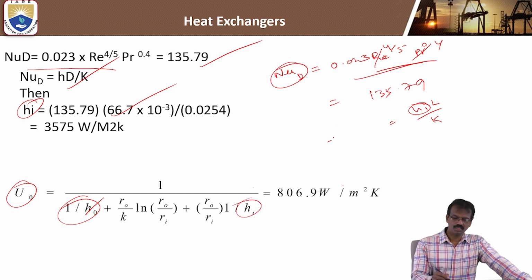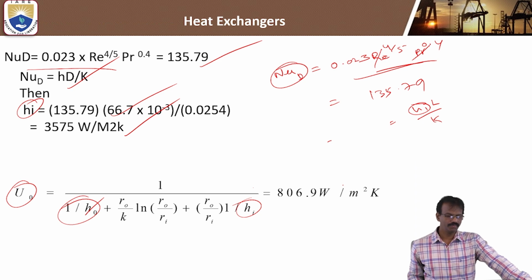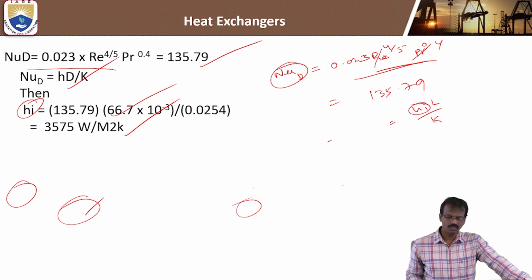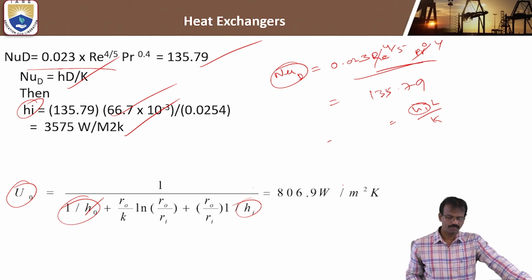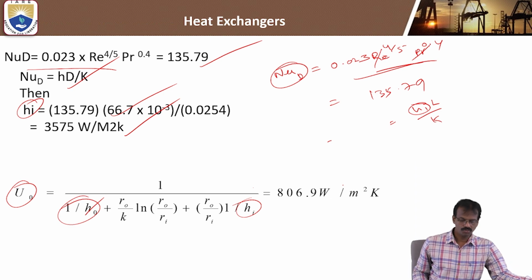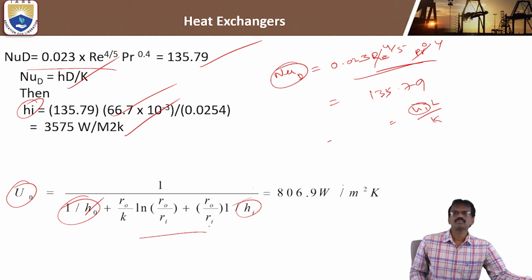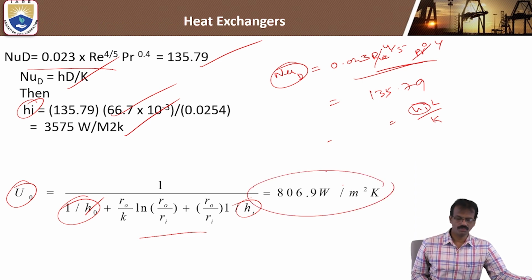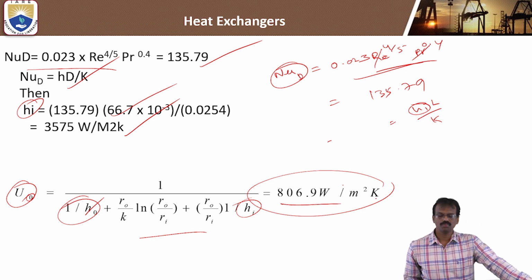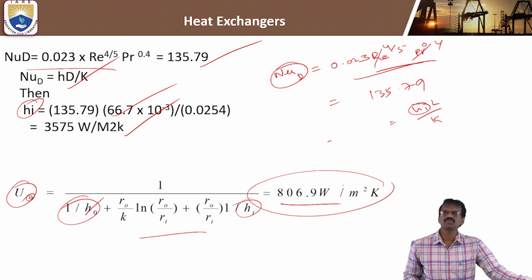So 1 by hi we already solved, 3575. h naught is already given in the numerical, you can take that. If you substitute all these values in this formula, then we will get the overall heat transfer coefficient with respect to r naught, that is nothing but 806.9 watts per meter square Kelvin.